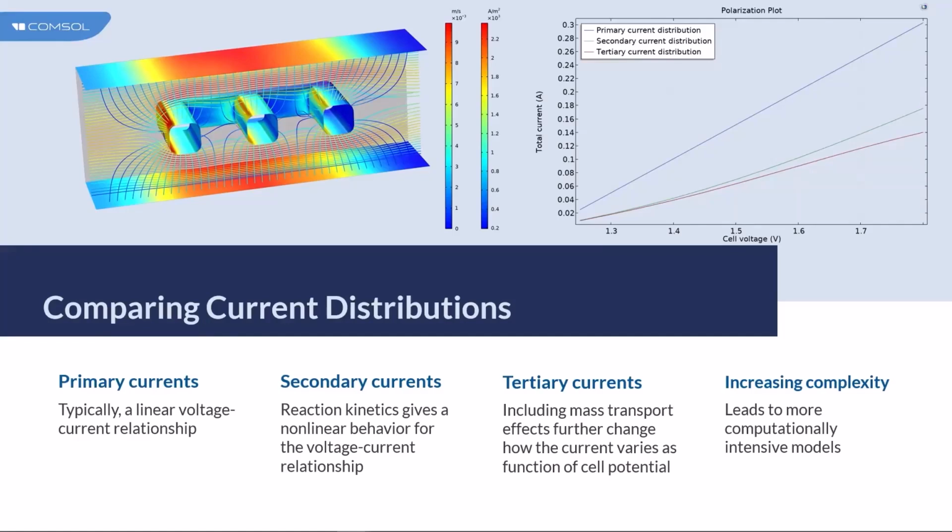And for tertiary currents, when you include mass transport effects, it will further change how the current varies as a function of cell potential. So you can sort of say that this has an increased level of complexity for each step here. And each step leads to more computationally demanding or nonlinear models.